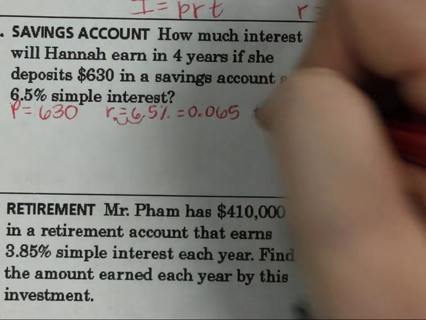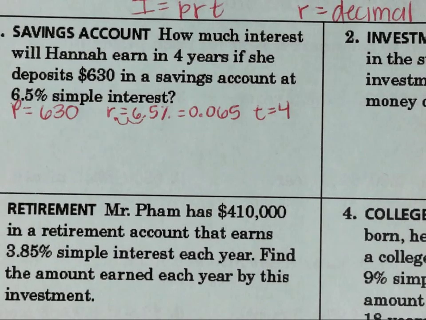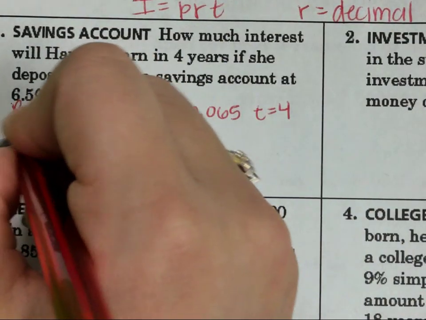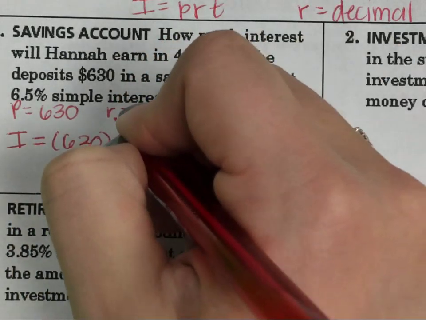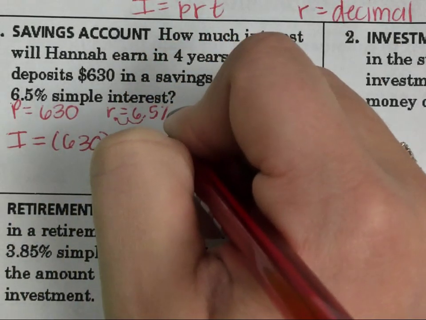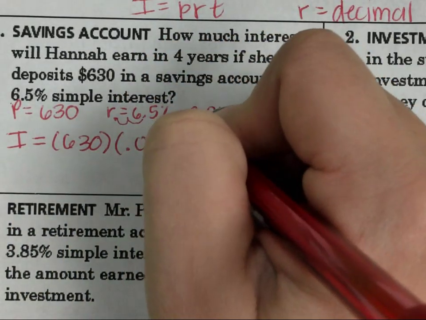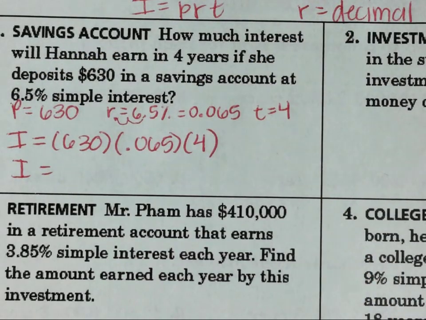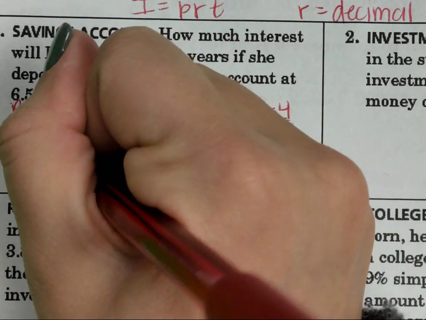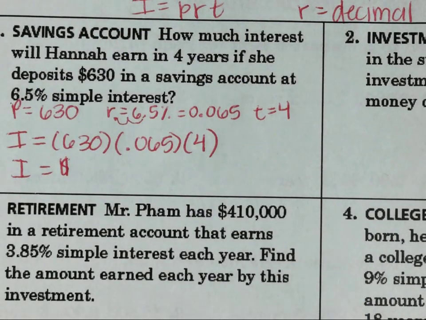4 years. Okay. So remember, all I'm doing with these numbers is multiplying them together. So I equals 630 times 0.065 times 4. Interest is talking about money, so my answer should always be in money form.